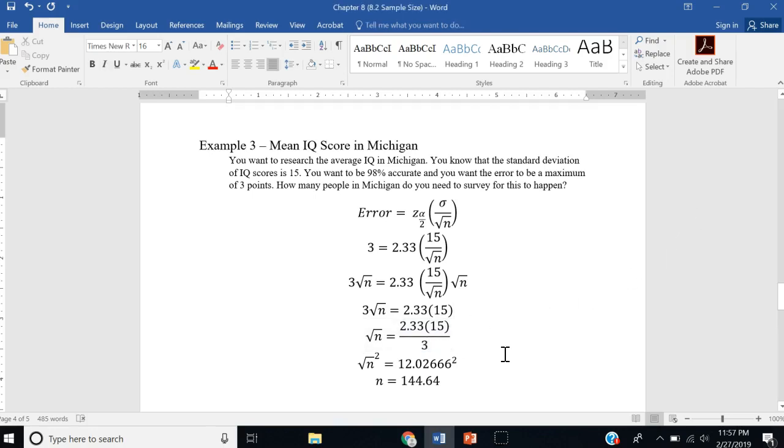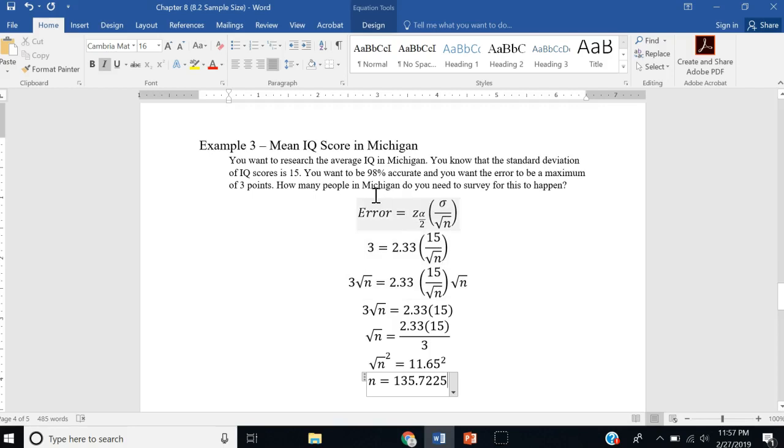So we do the calculation, 2.33 times 15 divided by 3 comes out to 11.65. We square that number, and we get 135.7225. We write that down, 135.7225. Okay?